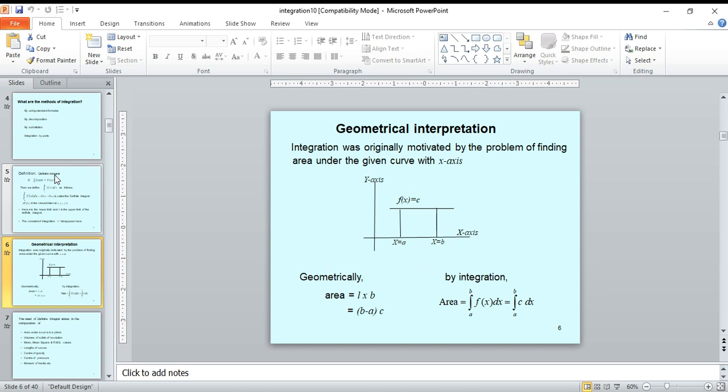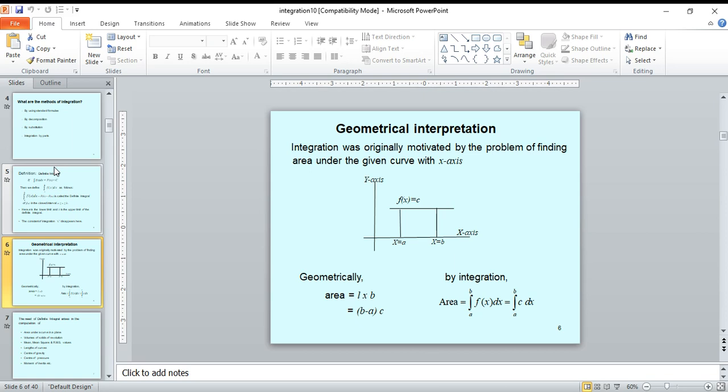Geometrical interpretation. Integration was originally motivated by the problem of finding the area under a given curve with the x-axis. See the diagram, with x-axis and y-axis. There is an area between x equals a and x equals b, where f of x equals c.